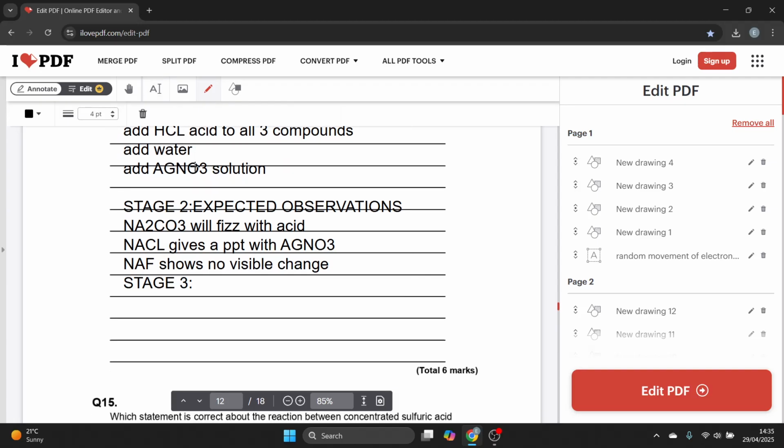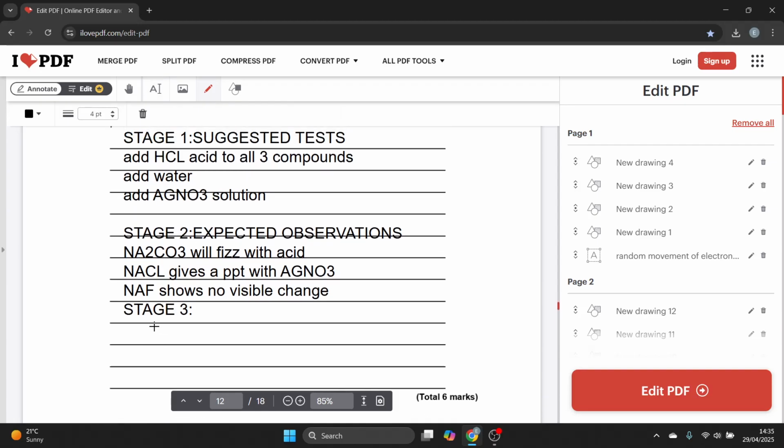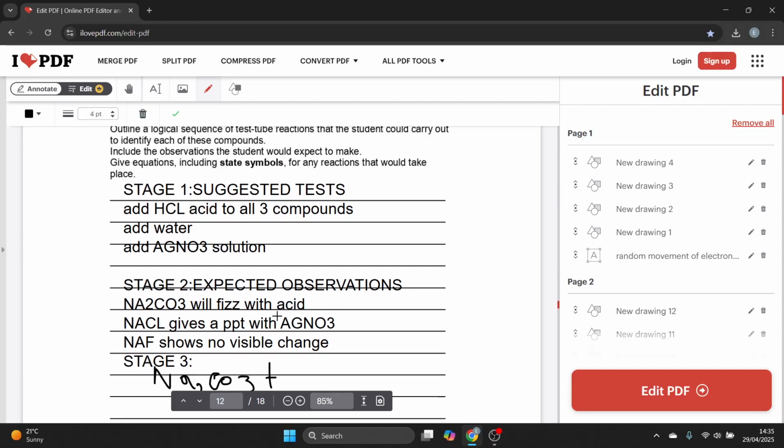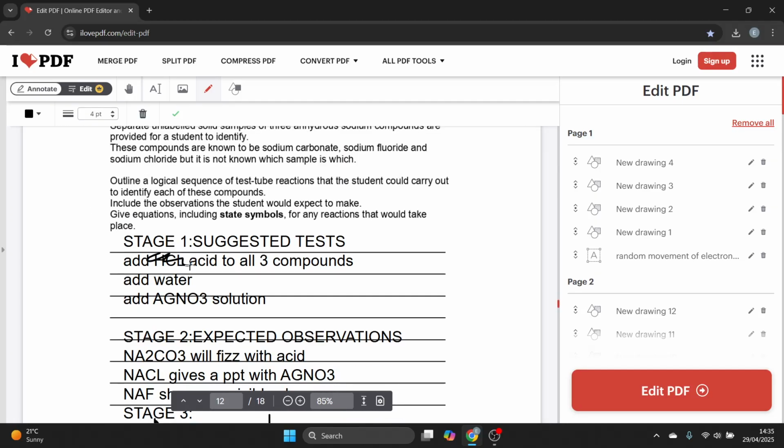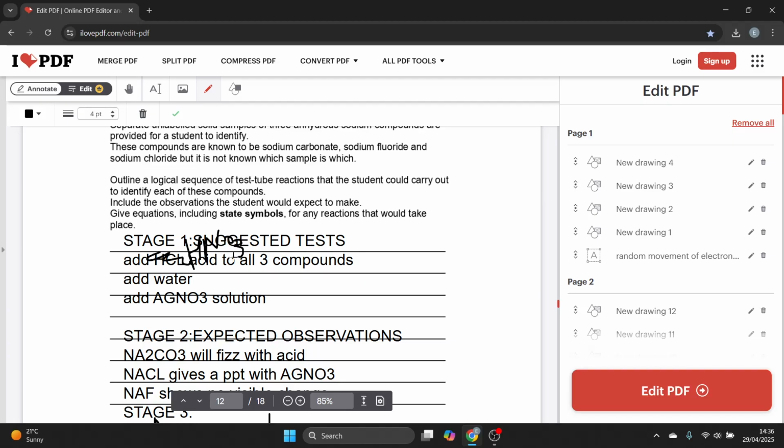So Na2CO3 plus acid. I said hydrochloric acid, but it should be nitric acid, HNO3, right?